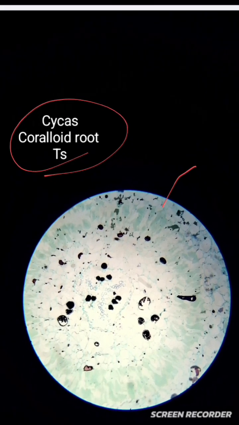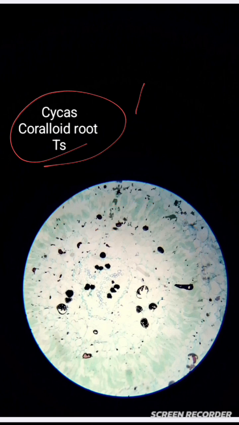After the epiblema, there is presence of cortex, which is differentiated into three zones. The very first zone is the outer cortex, which has polygonal shaped cells. Second zone is the middle layer. The middle layer is the characteristic zone of coralloid root.